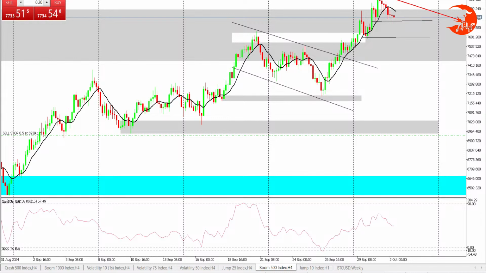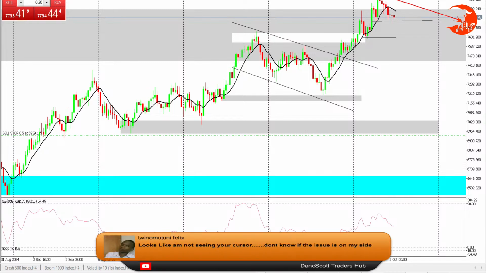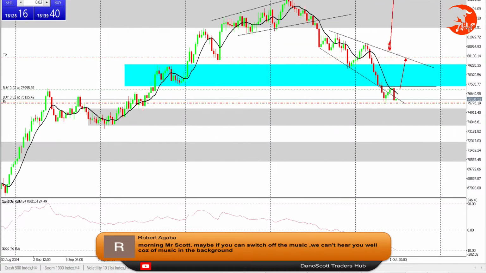So that's the reason why I always try to look for them. Like there, I'm anticipating a double bottom on jump 25. So if I am anticipating something like that, then I quickly make my entries.